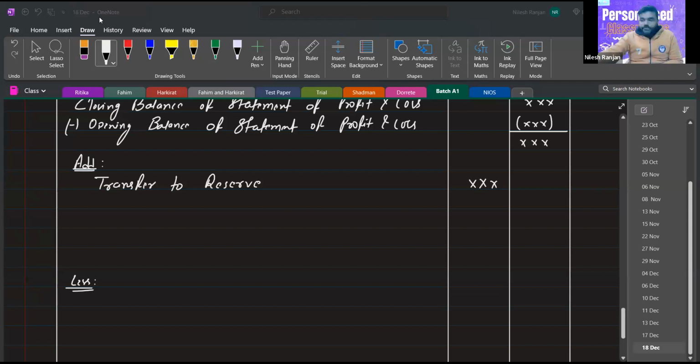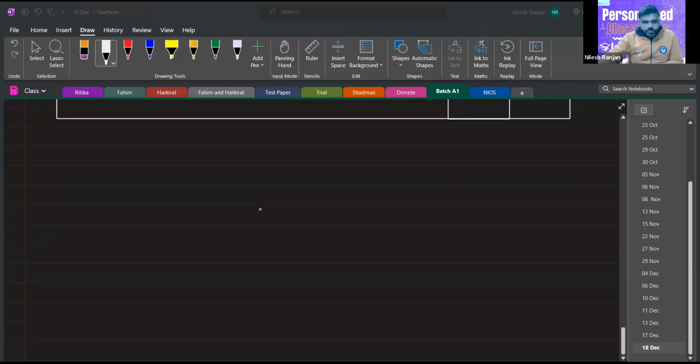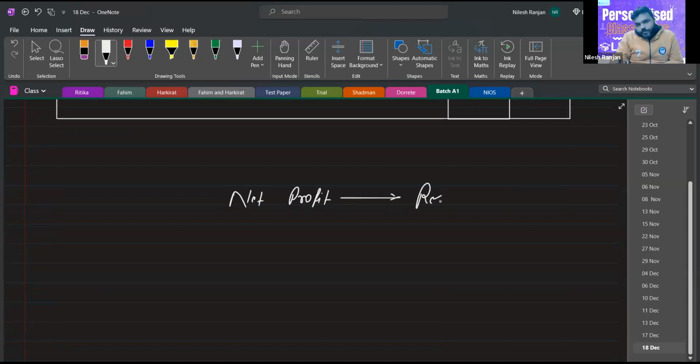So actually, when you transfer to reserve, when we prepare the profit and loss account, let's say this is your net profit for the current year. So this profit is transferred to reserve, either in general reserve or in any other reserve. So you transfer some of the balance here to reserve, or you keep the balance in the statement of profit and loss.